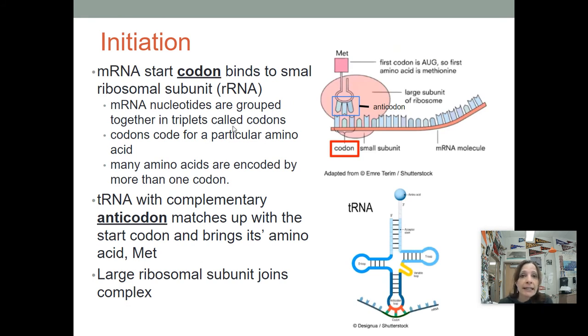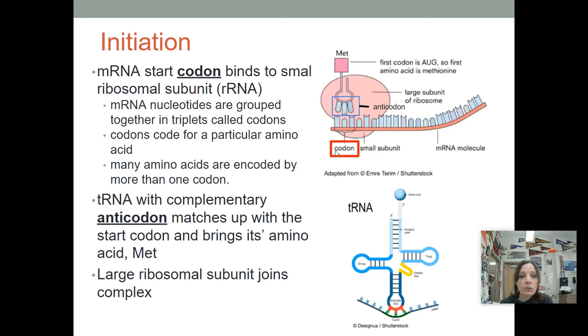So let's start with initiation. It would be a great idea if you drew some pictures because I think that helps you learn and helps you visualize this crazy stuff that's happening in your body. So the messenger RNA start codon, which is right here, binds to the small part of the ribosome, okay?